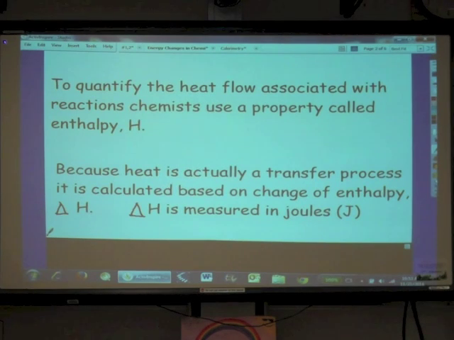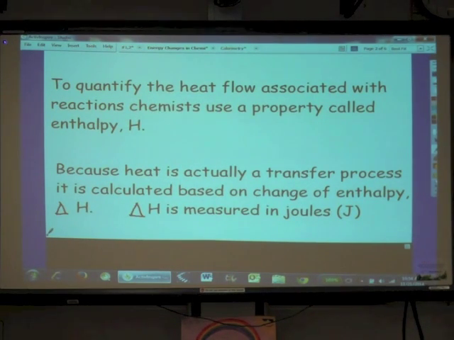Because heat is actually a transfer of thermal energy, we calculate energy changes in chemical reactions based on change of enthalpy, delta H. And because this is a measure of energy, delta H is measured in joules.